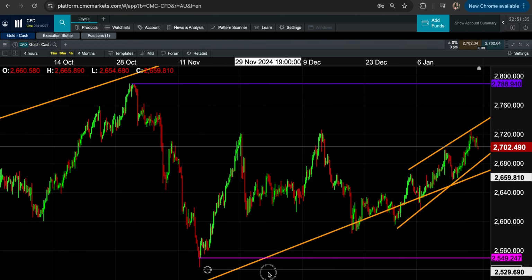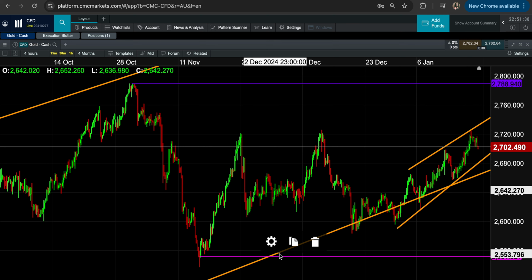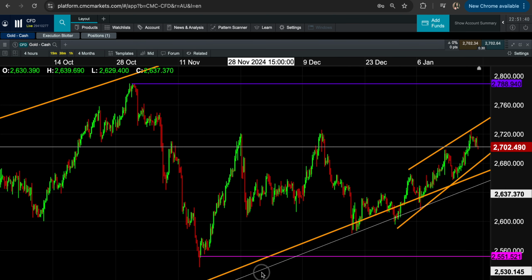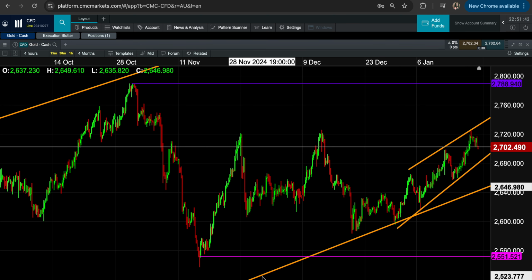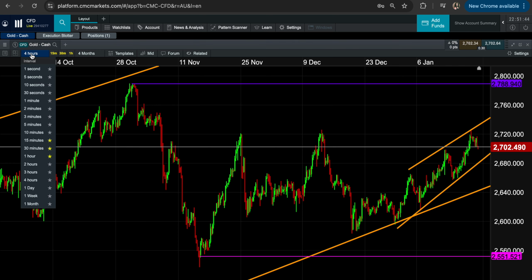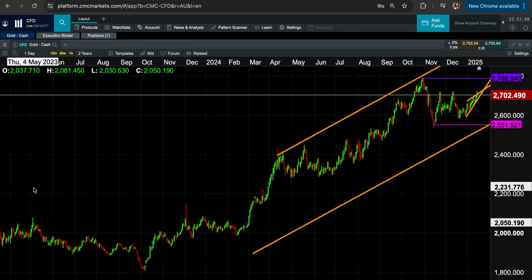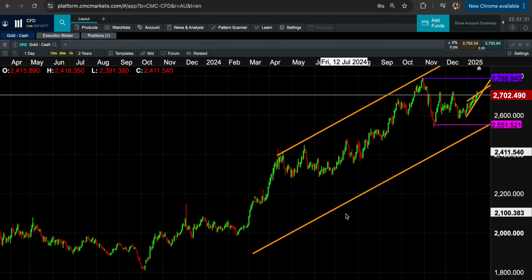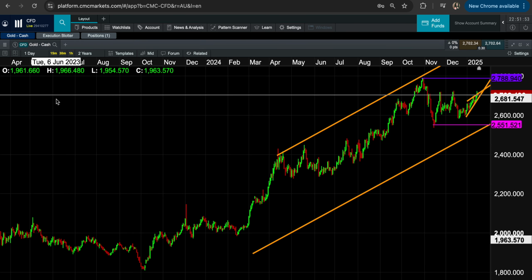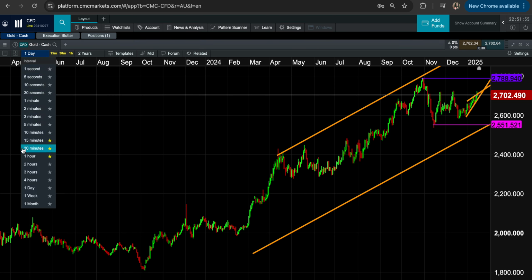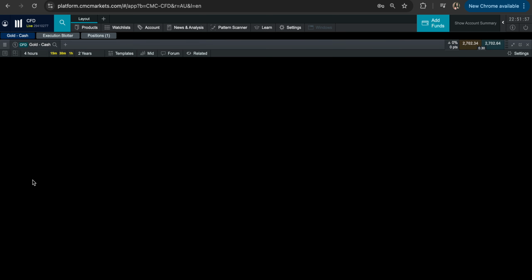I need to further move these lines. Okay, now it goes through a channel. Let me see what happens on the day chart when I do that. Okay, it looks further apart, but on the 4-hourly it looks fine.